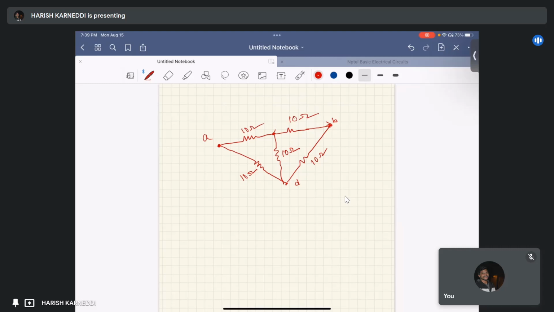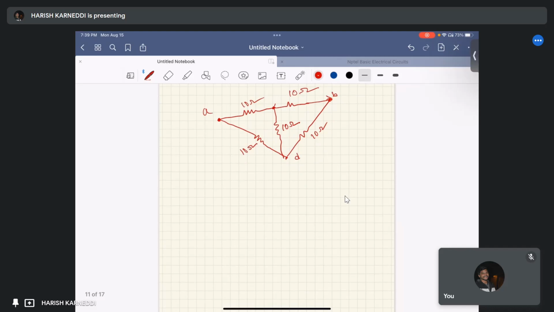So this 10 ohm resistance, 10 ohm resistance, 10 ohm resistance are connected in star manner. So we need to convert star to delta. This is what the 10 ohm, 10 ohm, 10 ohm. I'm just converting the star to delta.